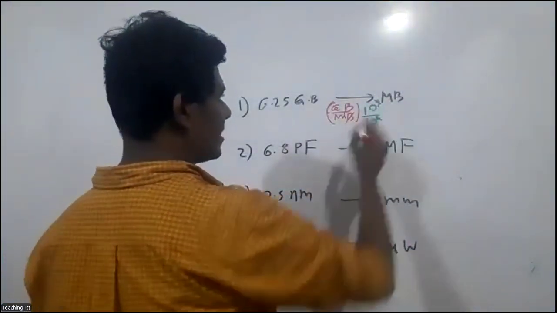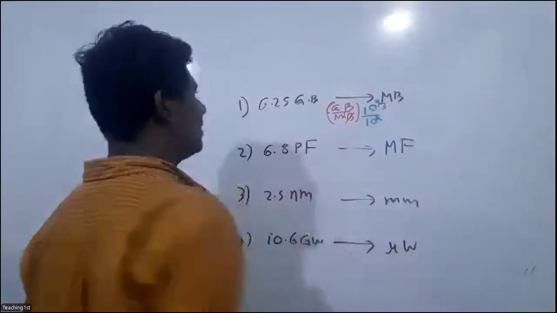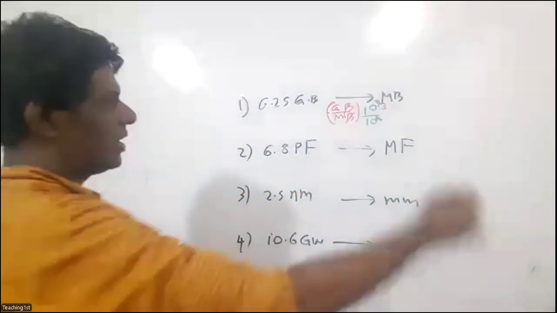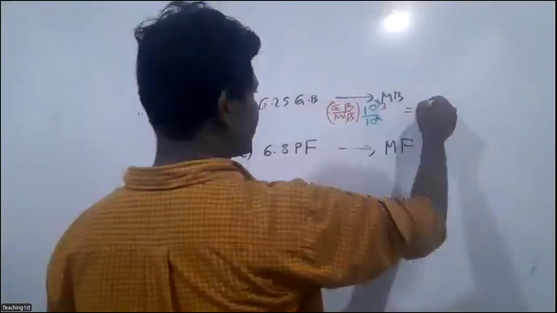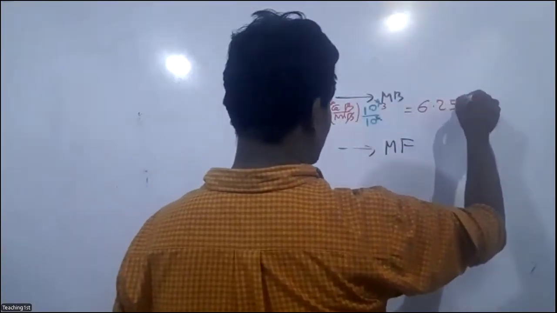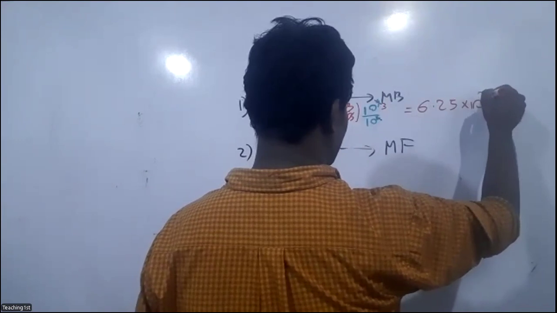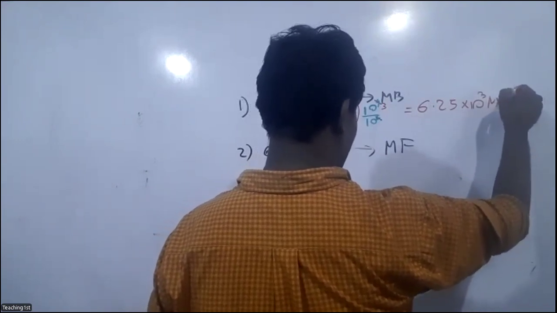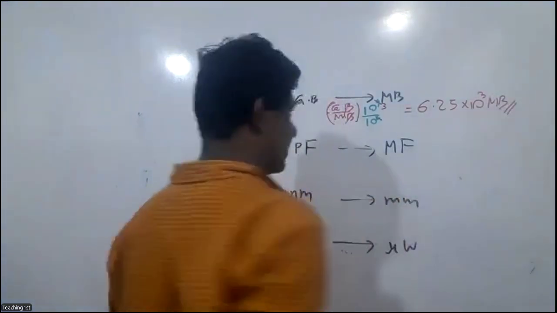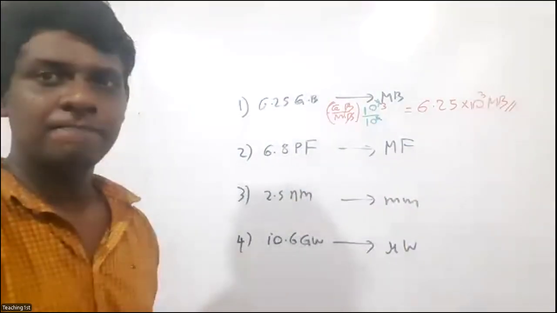So here the power becomes 10 to the power 3. So your answer will be 6.25 into 10 to the power 3 megabytes. Did you get this answer correctly?